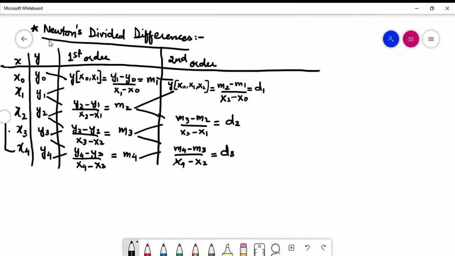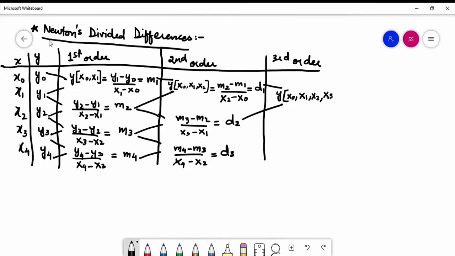Now we proceed further, and we have to calculate the third order divided differences. The third order divided difference between d1 and d2 is y of x0, x1, x2 and x3, which is equal to d2 minus d1 divided by x3 minus x0, since your domain frame has increased.